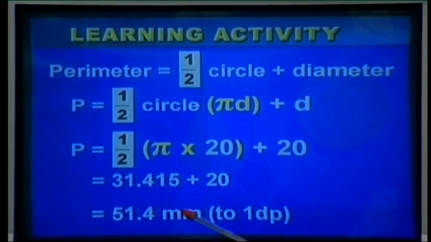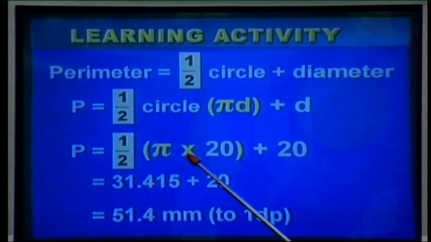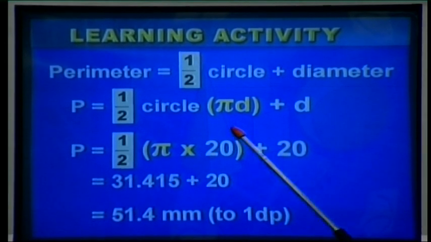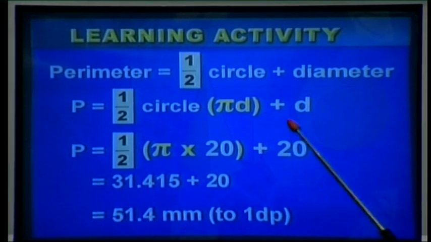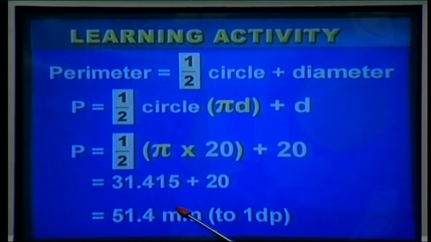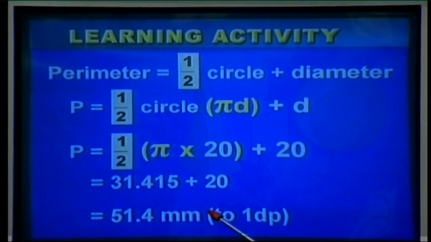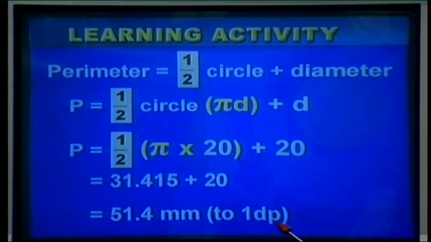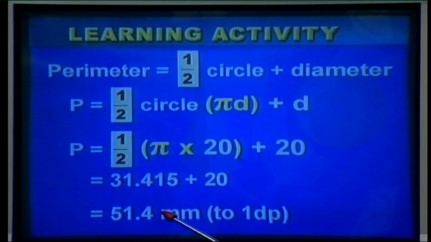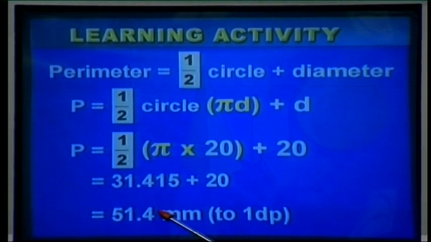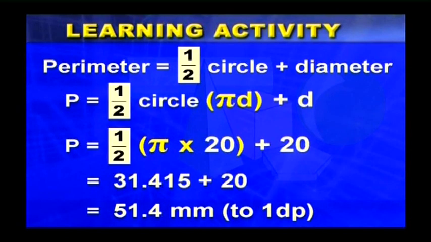So order of operation, you deal with multiplication and division first, and then you go on to addition. So the final answer that we should have after adding these two, 51.4 millimeters to 1 decimal place. So you should have at least one number after that decimal point. So that is the answer to the first example.